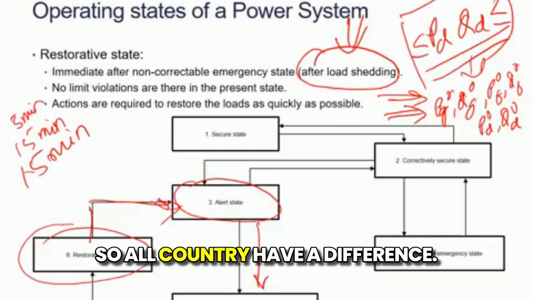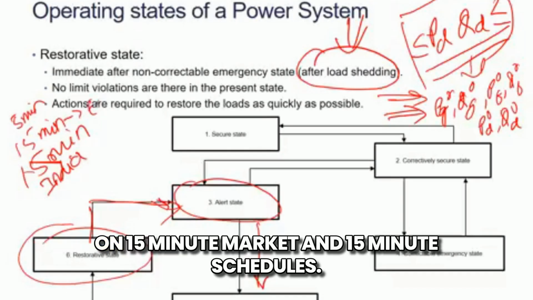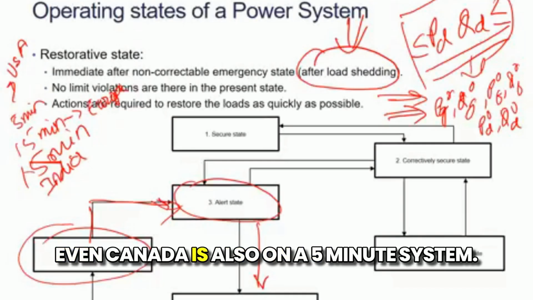So all countries have a different one. So India and Europe are on a 15-minute market and 15-minute schedules, and this is USA. So USA is on 5, even Canada is also on a 5-minute system.